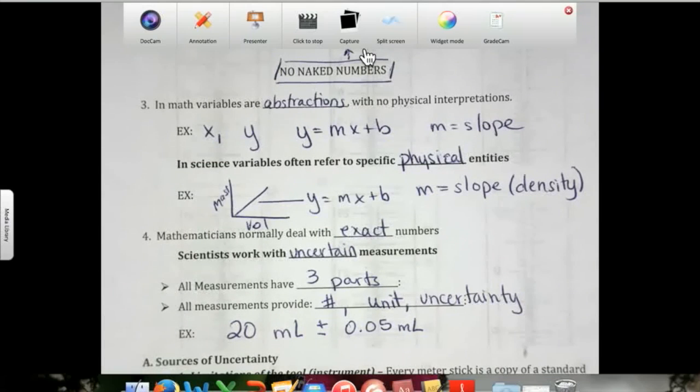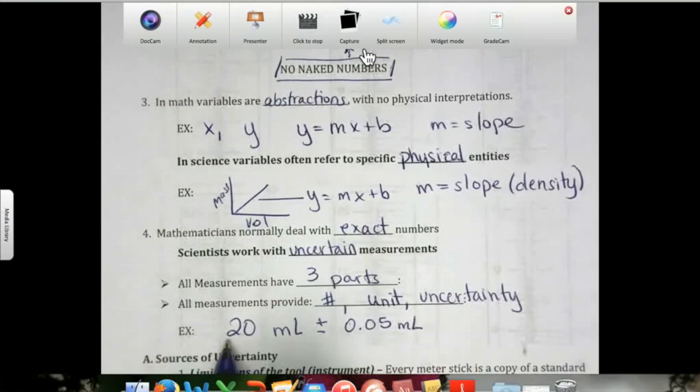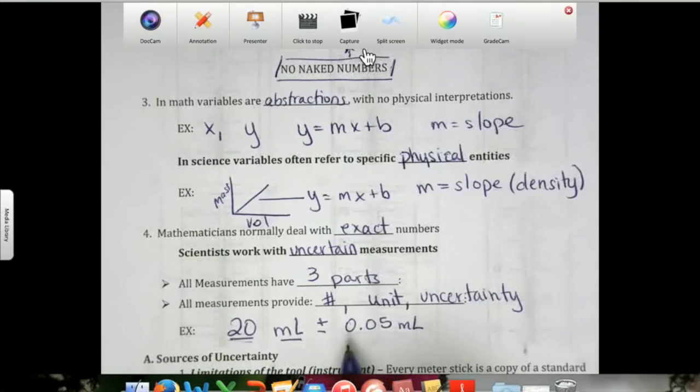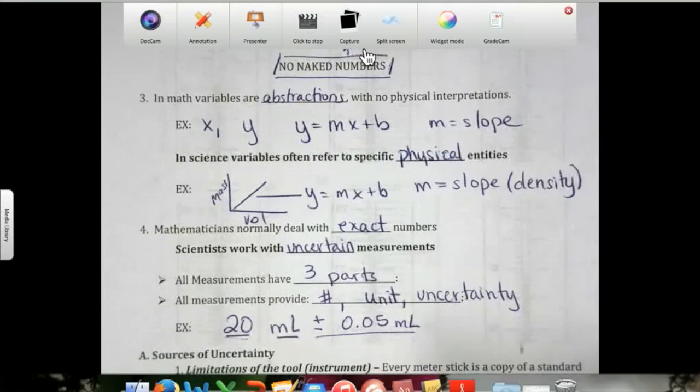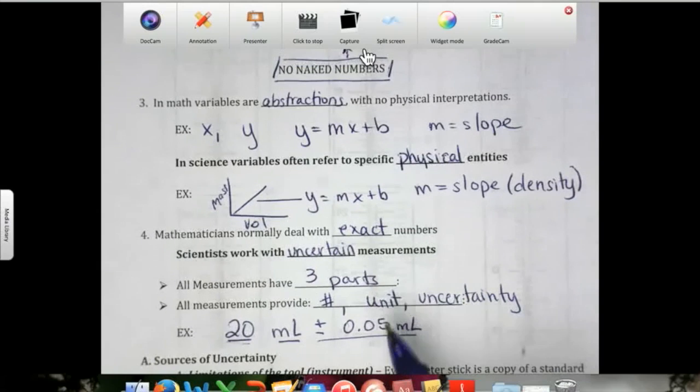Okay, so this means that you know for sure this is your number here. Here is your unit, and this is your degree of uncertainty. You're not quite sure if it's up a little bit or down a little bit away from this here.